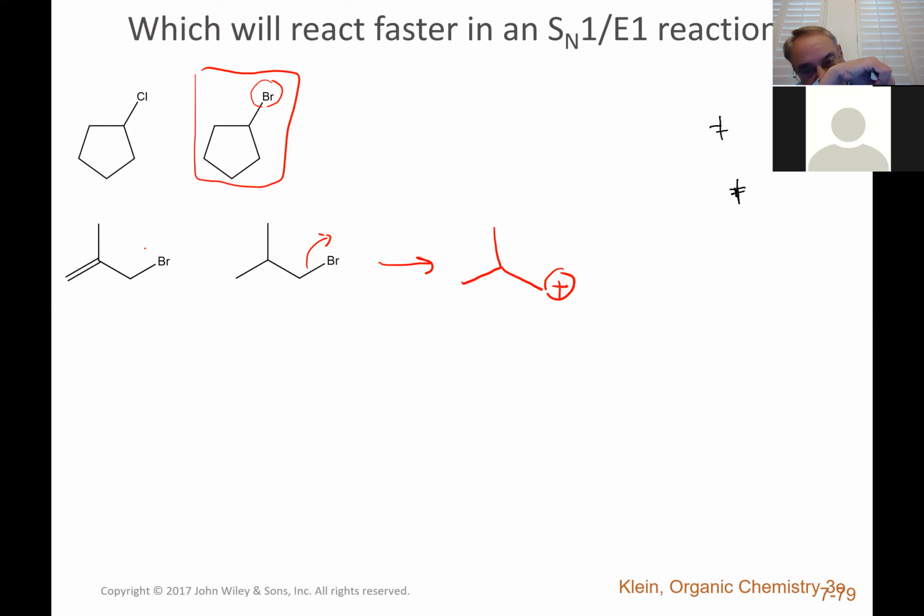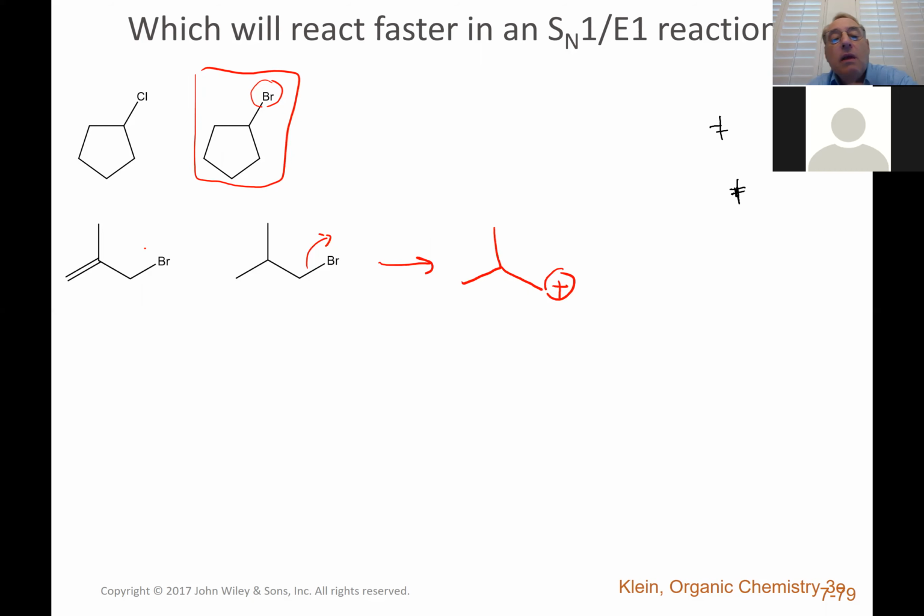Kylie, you mean the first example? Yeah. The reason the bromide reacts faster is because SN1 reactions depend on how good of a leaving group you have, because the bond to the leaving group is breaking. And so the weaker the base the leaving group is, or the more stable it is when it leaves, the faster it'll react.